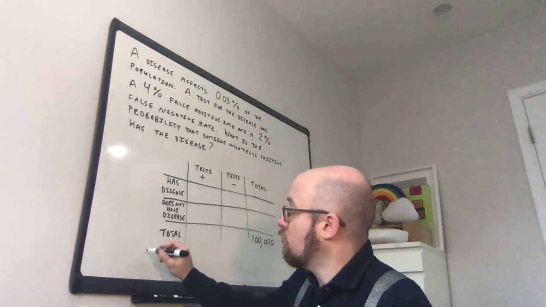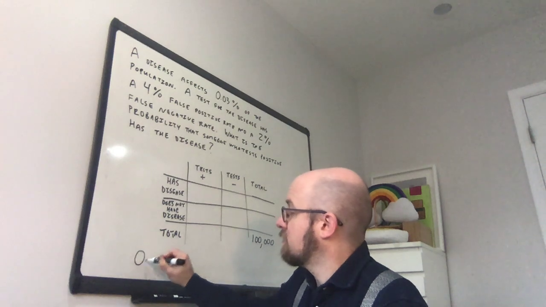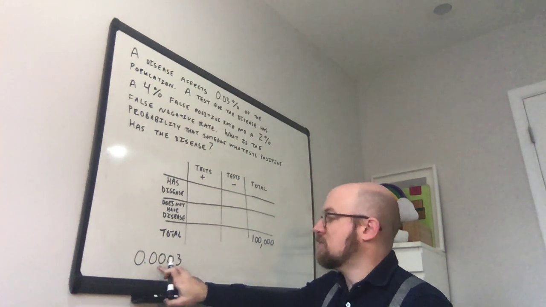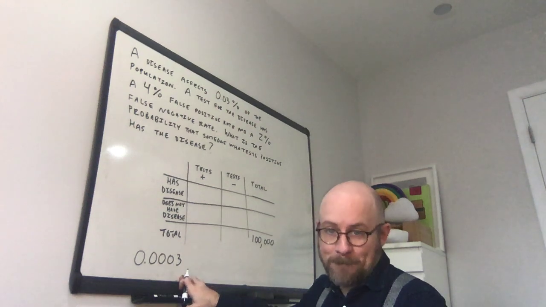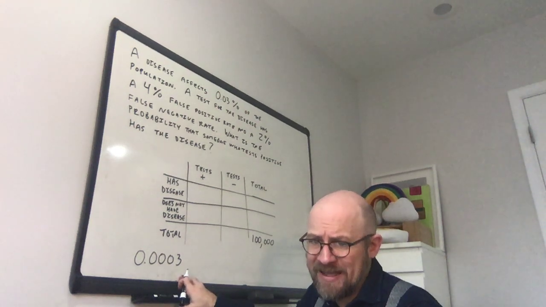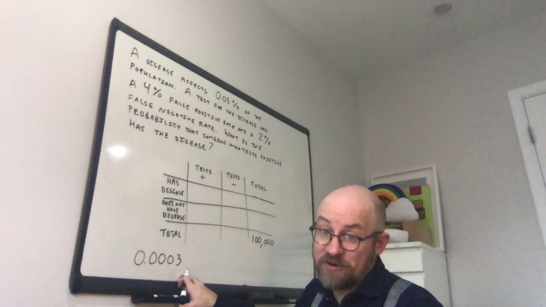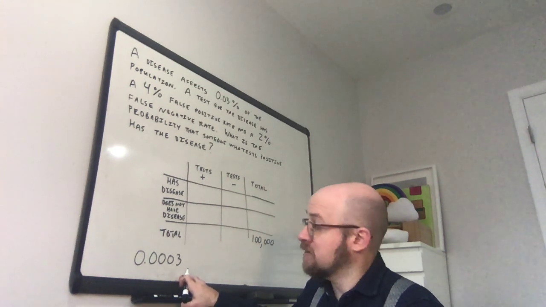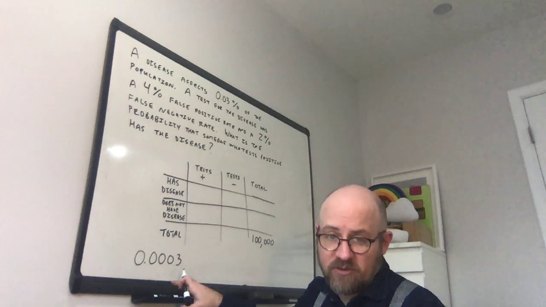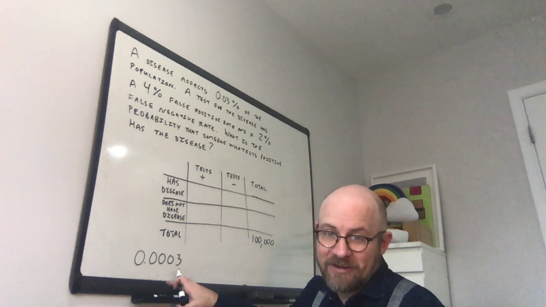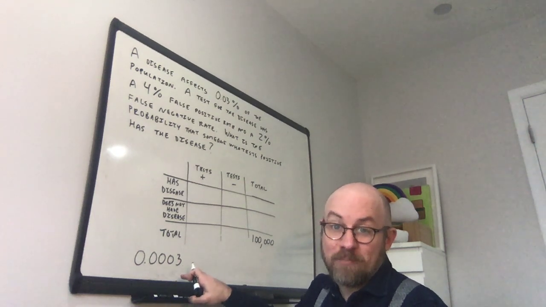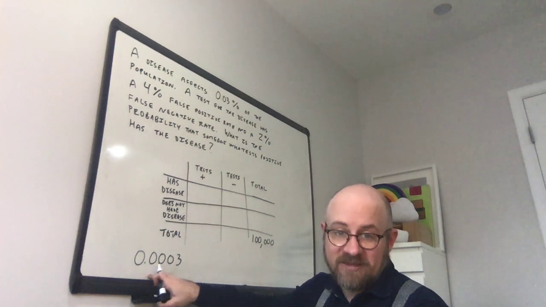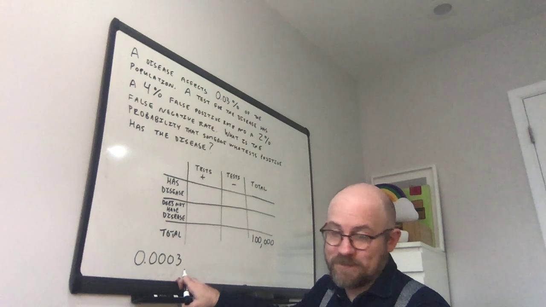And so 0.03% as a decimal is 0.0003, not 0.03. 0.03 is 3%. 0.3 is 30%, 0.03 is 3%, 0.003 would be 0.3%, so 0.03% is 0.0003.